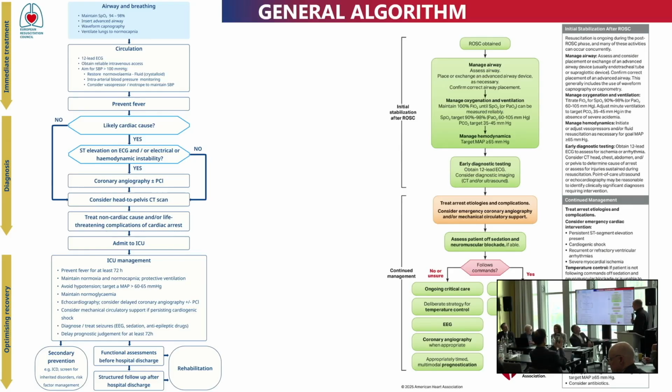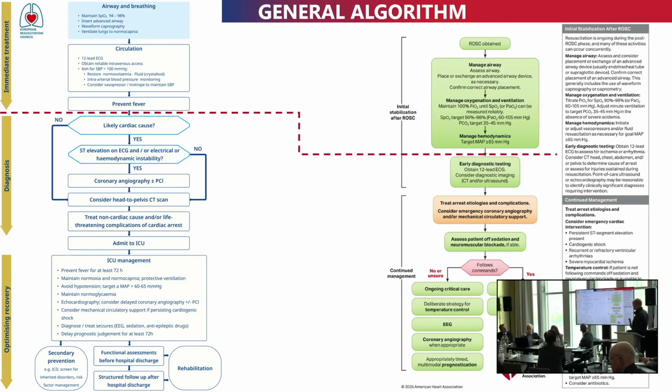Claudio, maybe I'll pass it over to you just to give a quick update of the ERC algorithm. Yes, this is a general ERC algorithm. So it's rather complex. So we'll just summarize the most important changes. There is a more explicit recommendation to delay coronary angiography if the clinical context does not clearly indicate a high likelihood of acute coronary syndrome.